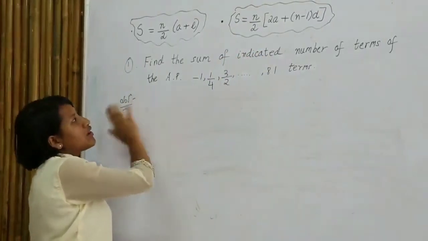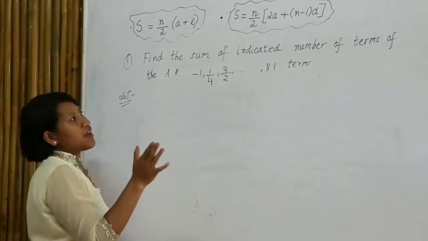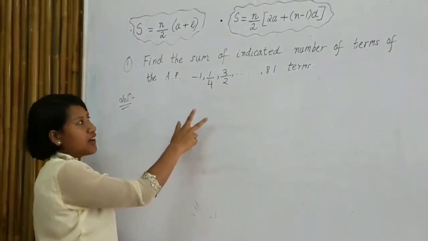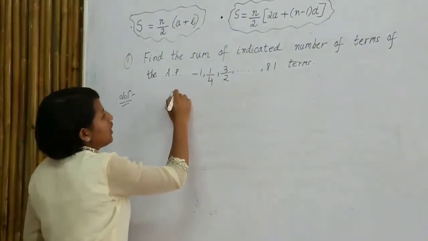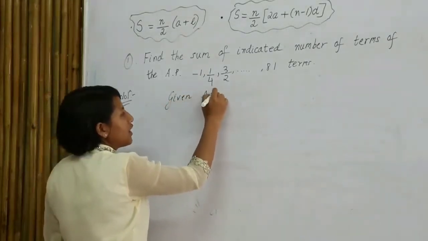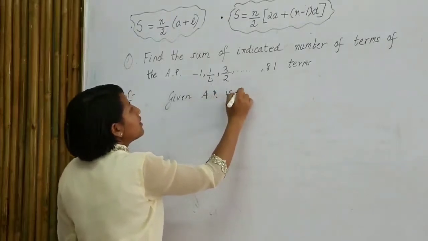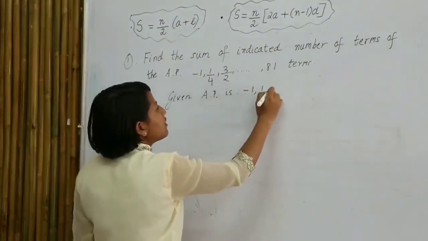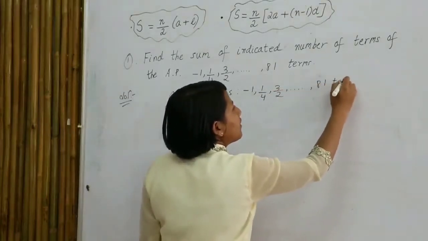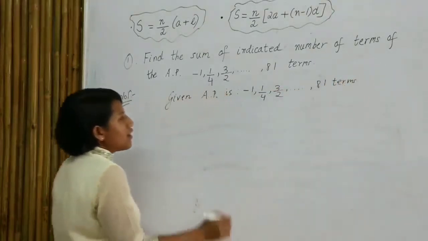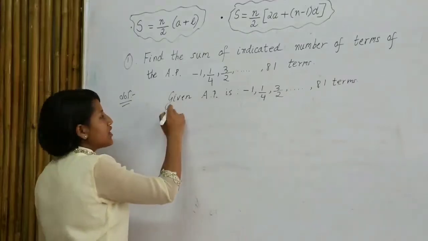Find the sum of indicated number of terms of the AP. So they have given this AP. First you need to write as usual, given AP is this, and you know that you have to write the first term.